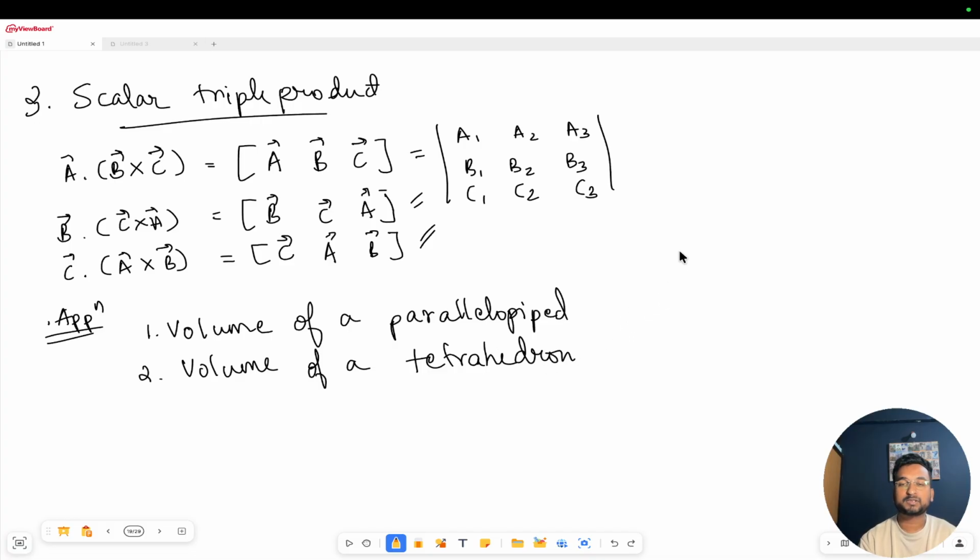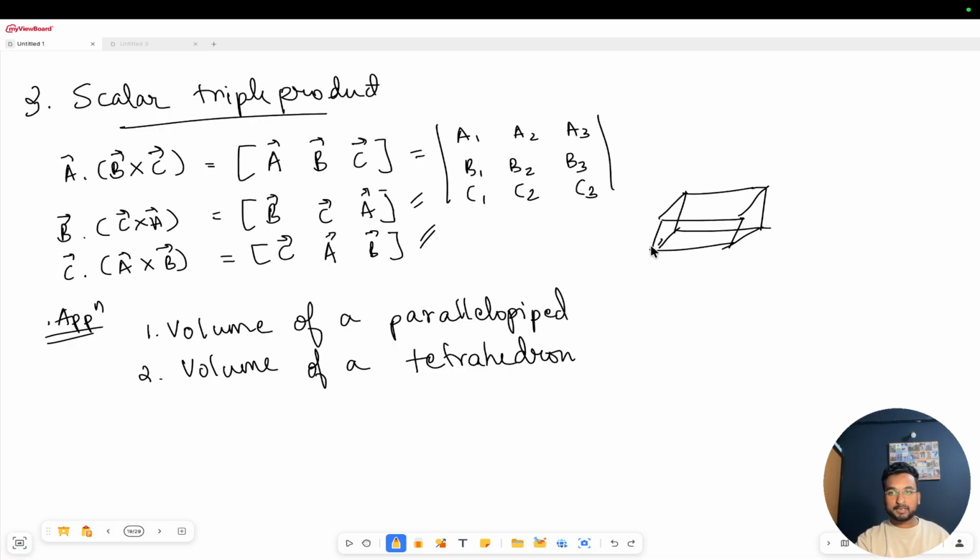I hope you all know what a parallelepiped is and what a tetrahedron is. A parallelepiped is any 3D rectangular kind of structure where one of the angles is not 90 degrees. That means something like this. So these kinds of structures are your parallelepiped. What is a tetrahedron? You have seen a tent. So a tent is a tetrahedron.